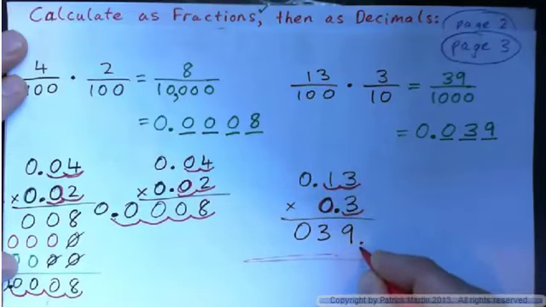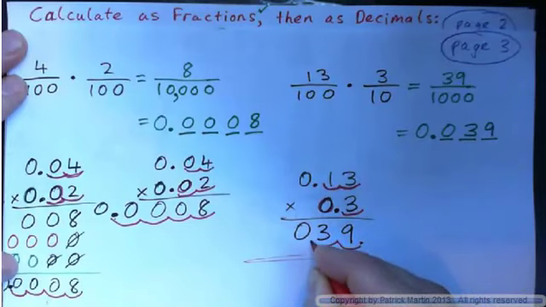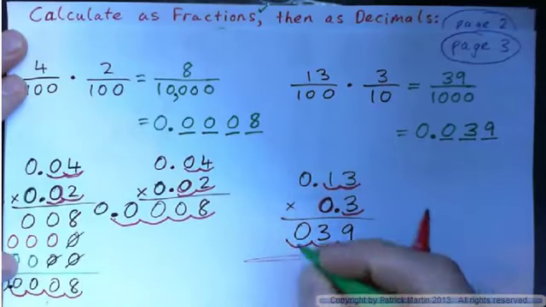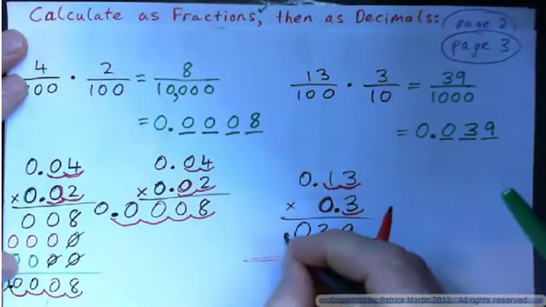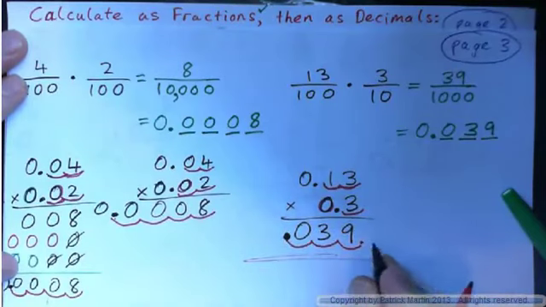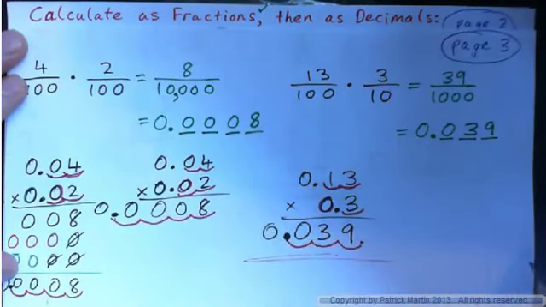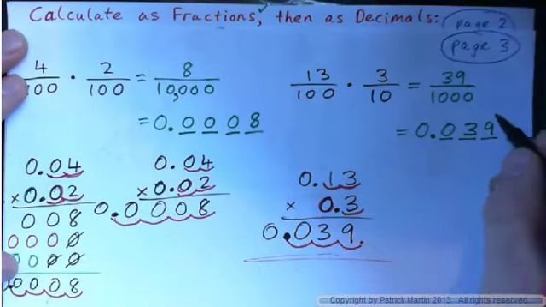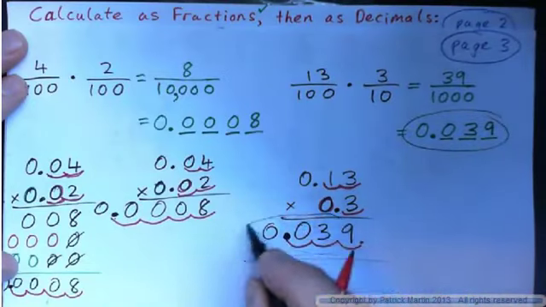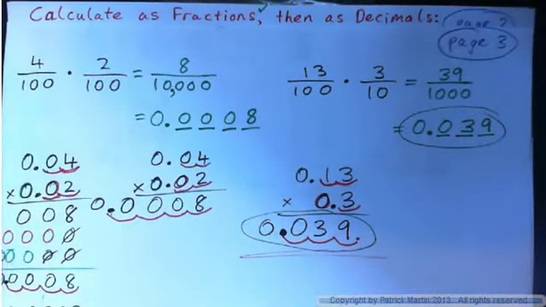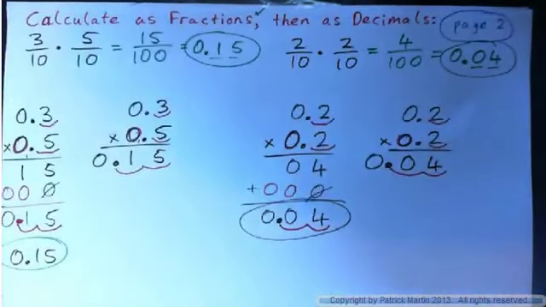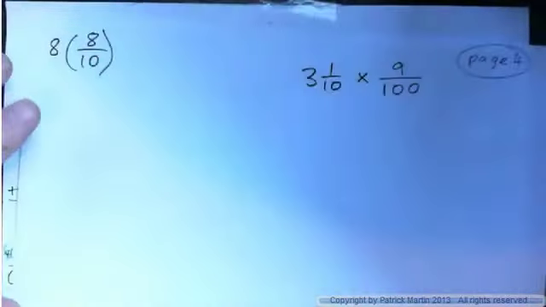So you start here. 1, 2, 3, and then you put your decimal point here. 0.039, and is that the same as this? Should be. Okay, so you get a chance to check your answer and understand why you're doing the correct thing. That's the whole idea.